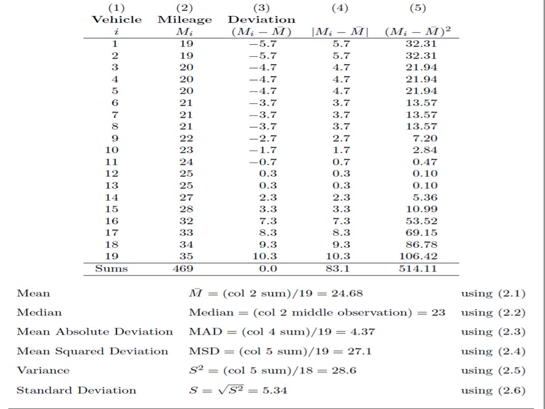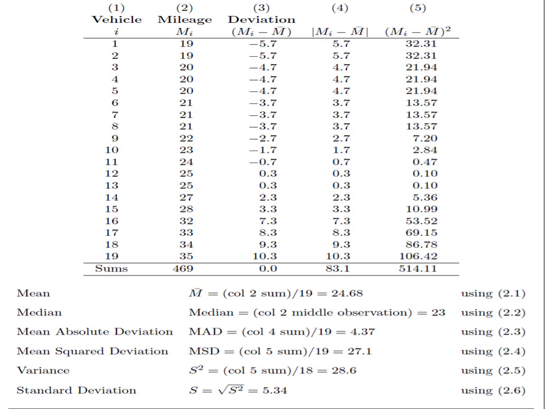The second one is mileage, or number of miles, and we write the numbers of it. The third column is the deviation, which means how far every observation is from its mean. The fourth column will be the absolute value of this deviation.